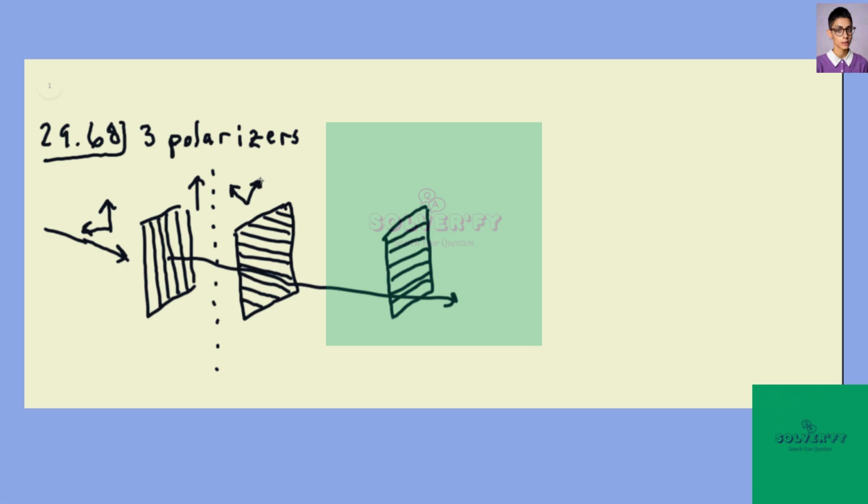As you can see, if we move this over here to add them tip to tail, you'd get the exact same arrow here. And so we're left with a 45-degree polarization, assuming this is 45 degrees, over this way.